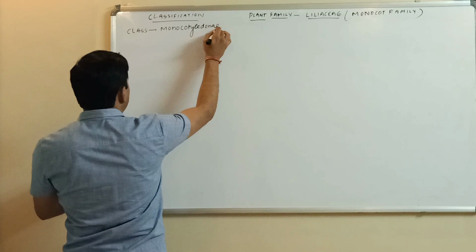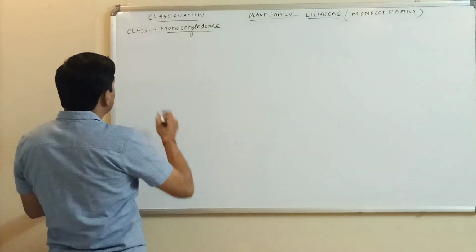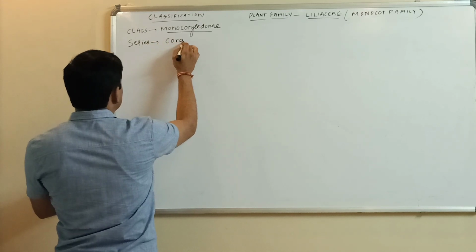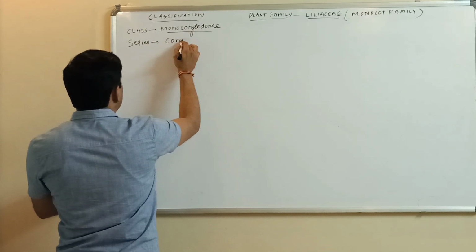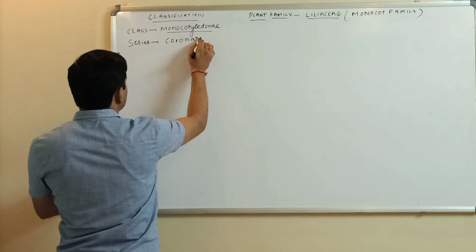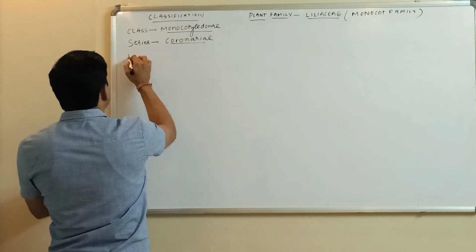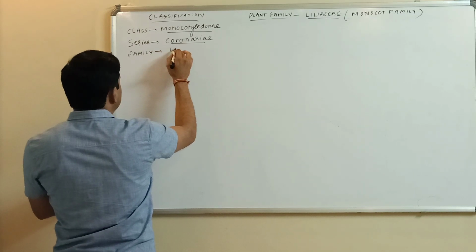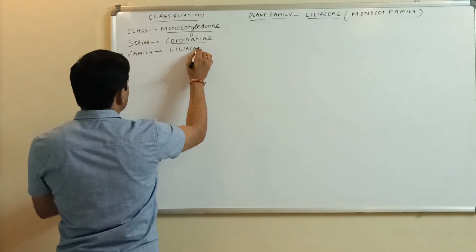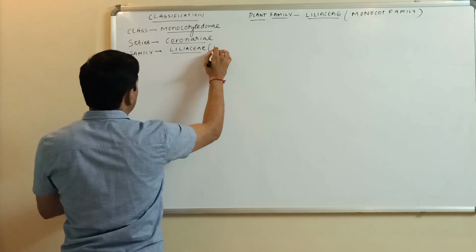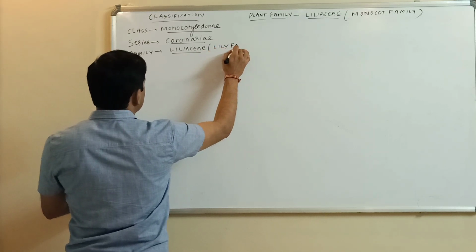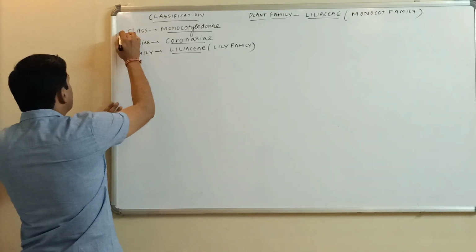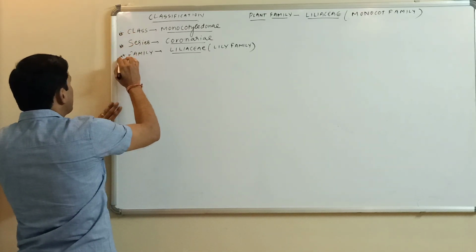The series of this family is Coronary. And the family is the Liliaceae, which is also commonly called the Lily family. Fine. So this is the classification.